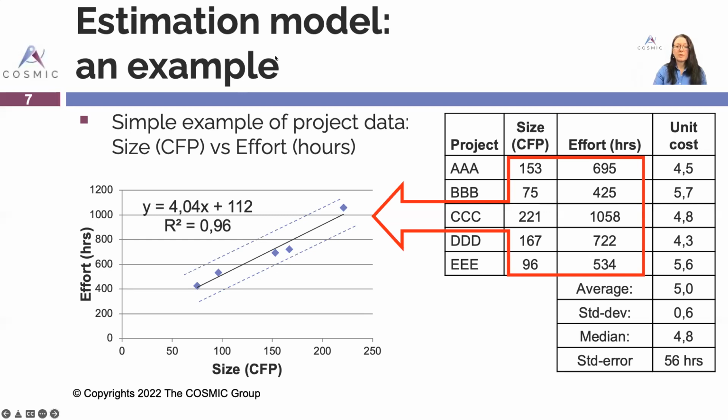Now, there's always a confidence interval for your estimation, but what is easy to use is the standard error, which can also be quite easily calculated with a spreadsheet tool like Microsoft Excel.